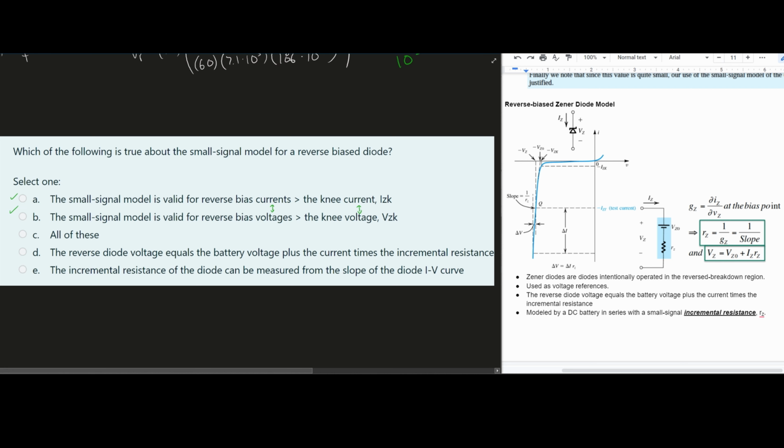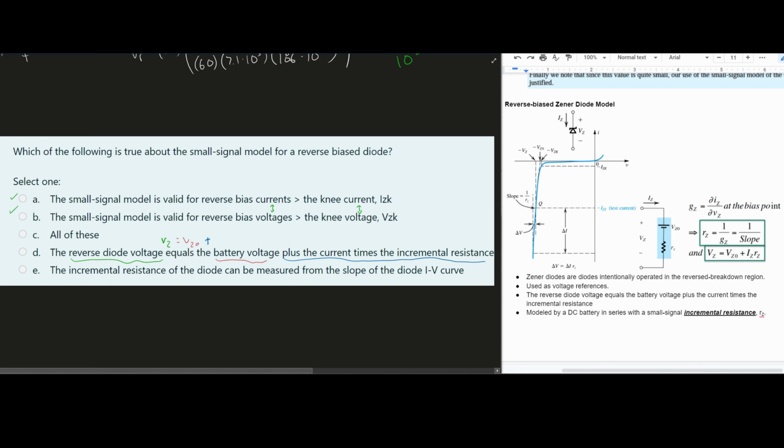Next we have the reverse diode voltage equals the battery voltage plus the current times the incremental resistance. So what this is saying is that the reverse diode voltage, VZ, is equal to the battery voltage, VZ0, plus the current times the incremental resistance.